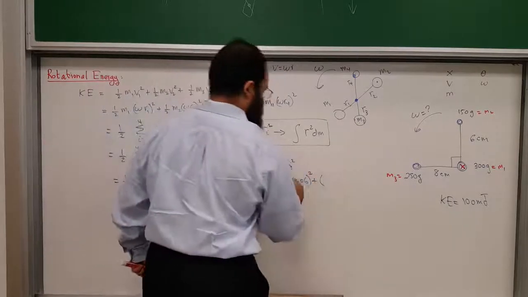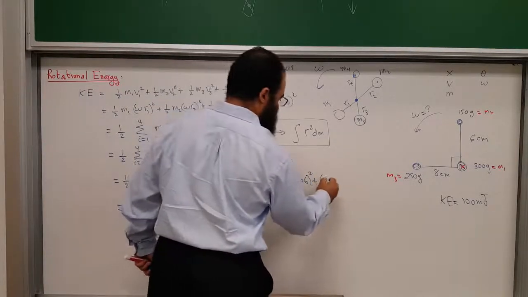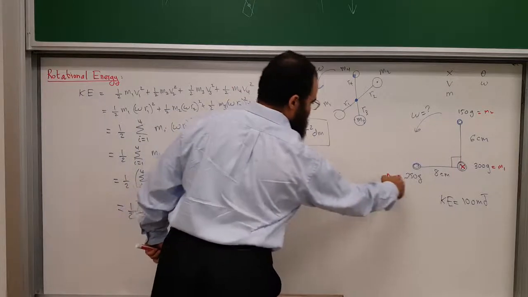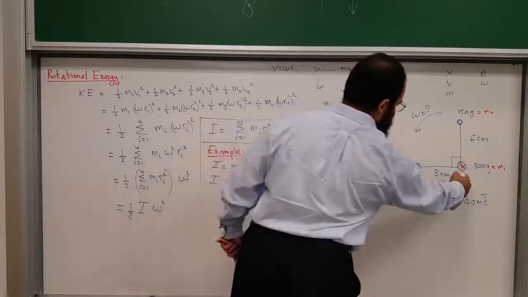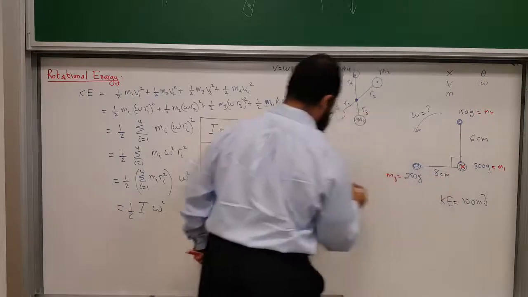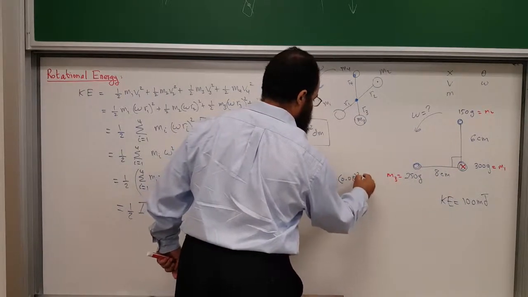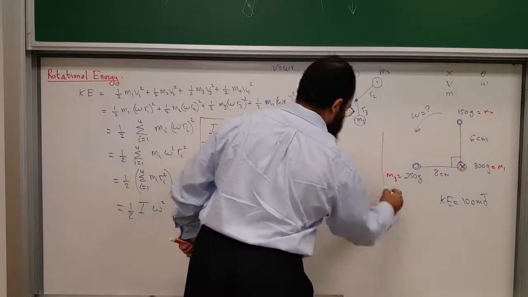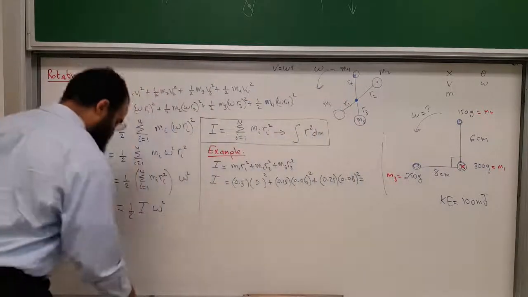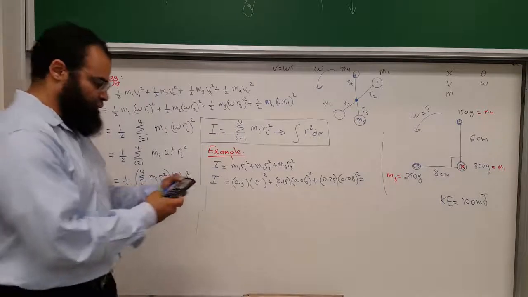And then M3 is 0.25 kilograms, right? And how far is M3 from the axis of rotation? It is 8 centimeters, or 0.08 meters, and you have to square it. So let's calculate the moment of inertia.